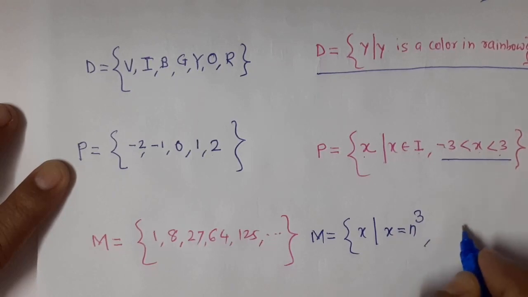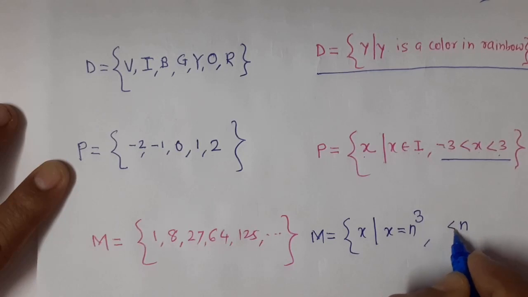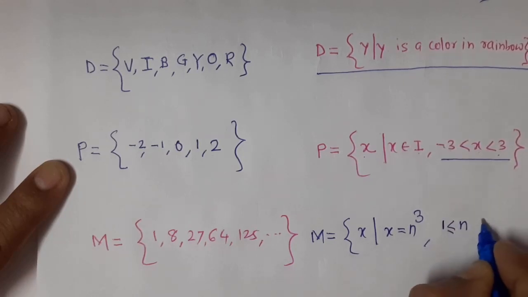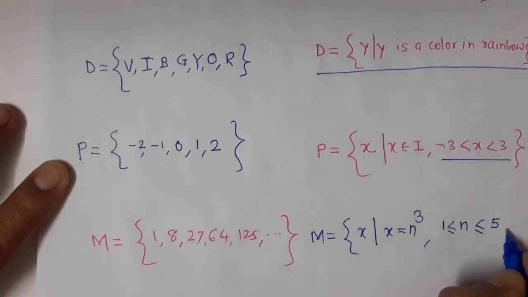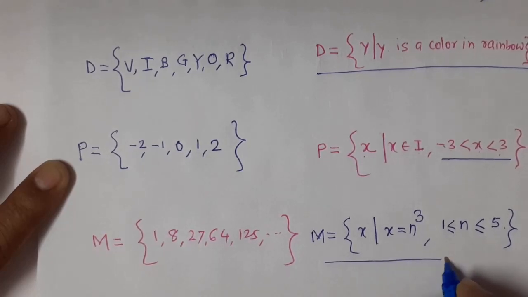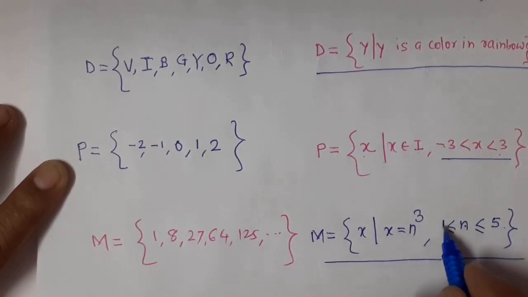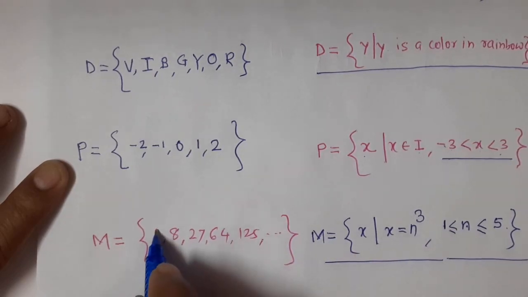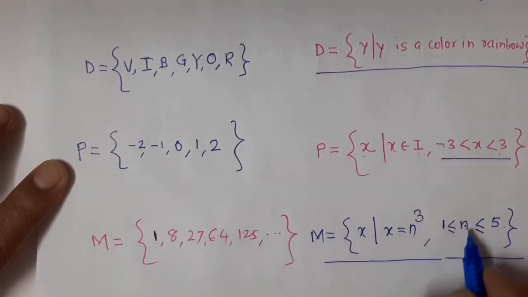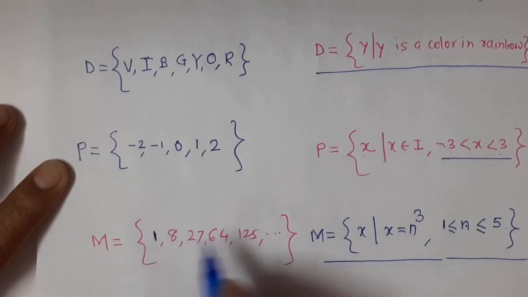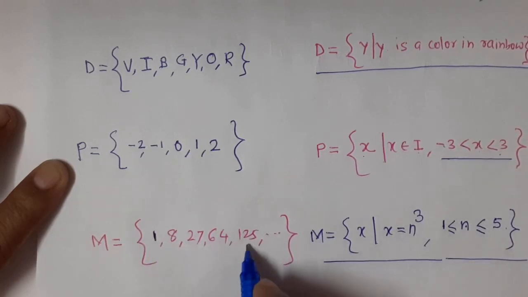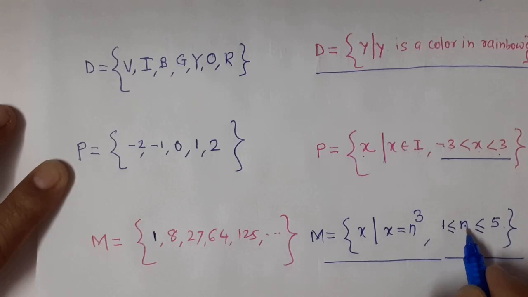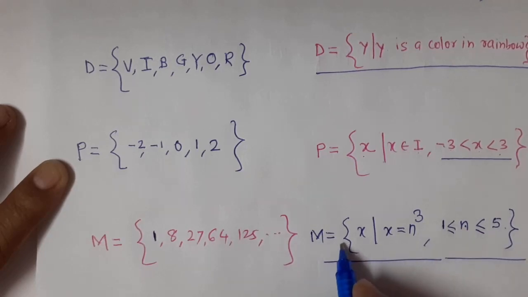But what is the value of n? n is greater than or equal to 1, and n is less than or equal to 5. Because n is 1, here 1 comes; it is the perfect cube of 1. 1 cubed is 1, and 5 cubed is 125. That's why this value is written. So like that we have written it in the rule method.